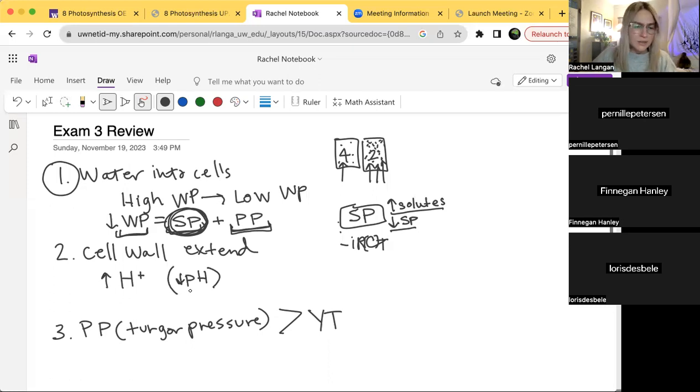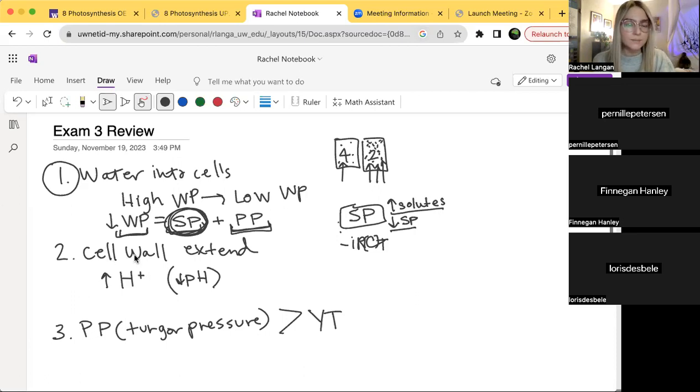The mechanism for that is, if you increase the amount of hydrogen ions in the cell wall, those hydrogen ions themselves, in that acidic environment, are actually going to just break up bonds that are keeping the cell wall together. And then in addition to that, you also get proteins activated that act to kind of cut up the cell wall. And both of those together will cause the cell wall to expand. So we'll talk about the cell signaling pathway that does that.